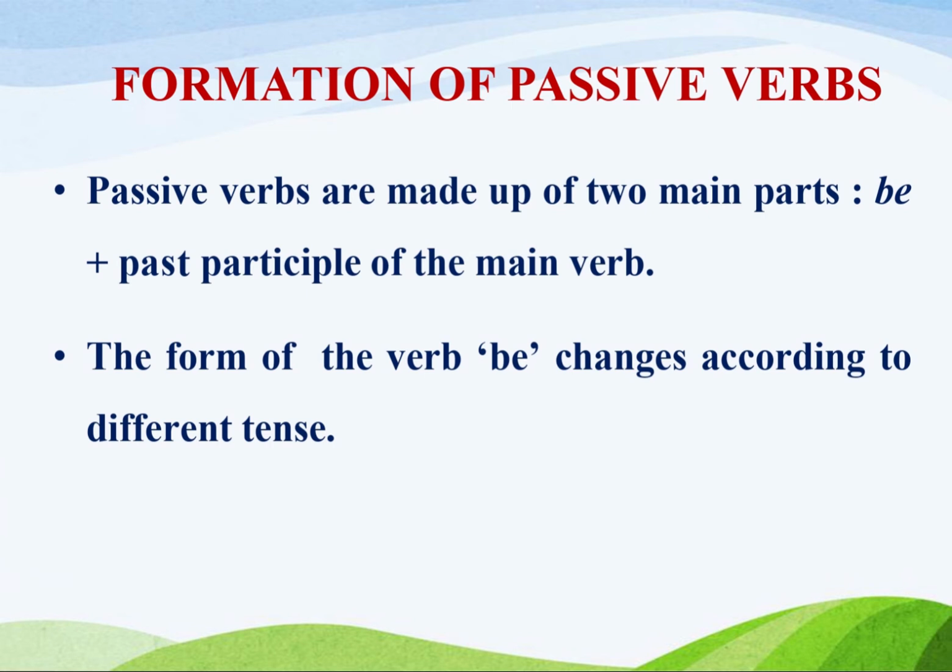We have to go to the third form of the main verb, so the rule of be and the third form of the verb has to be applied in every tense. And the next thing is, the form of the verb be will change according to the different tenses. We have all done tenses, and we will be going through it so that we can understand the active as well as the passive form of the verb according to the different tenses.